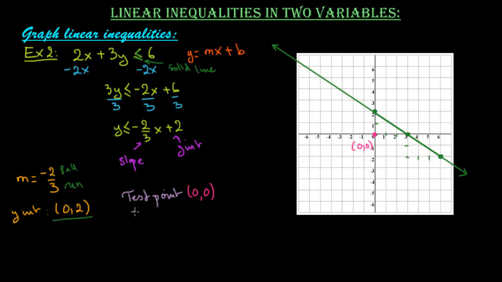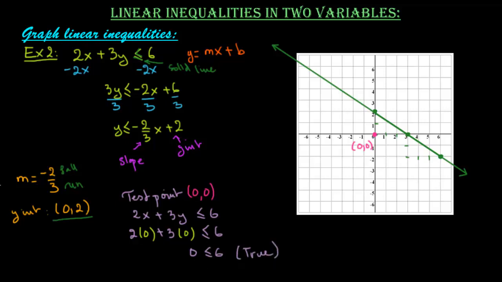We have 2x plus 3y less than or equal to 6. I will replace x by 0 and y by 0. So we have 2 times 0 plus 3 times 0 less than or equal to 6. So 0 less than or equal to 6, which is a true statement.